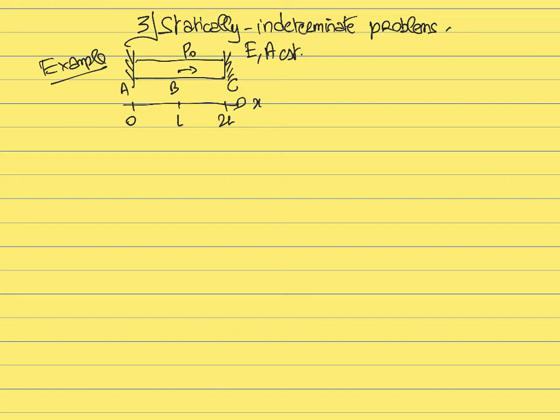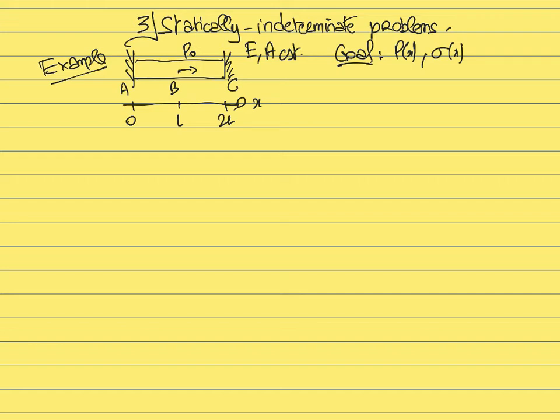So the goal will be to calculate the internal load as a function of x, and the normal stress as a function of x. And if we can get the normal stress sigma as a function of x, then we can estimate at which point x we have the maximum risk of fracture, at which point x the normal stress is maximum.